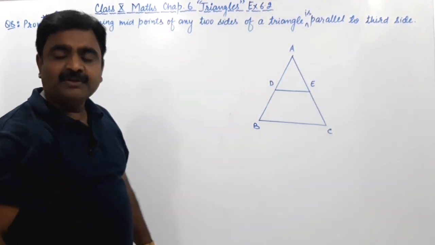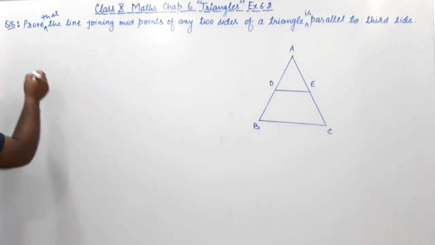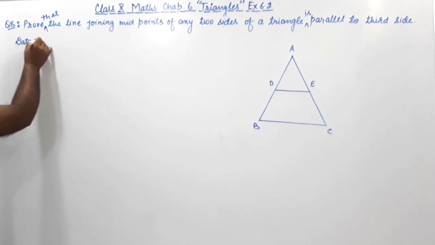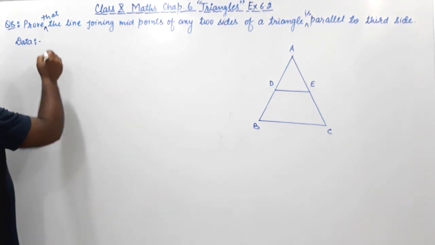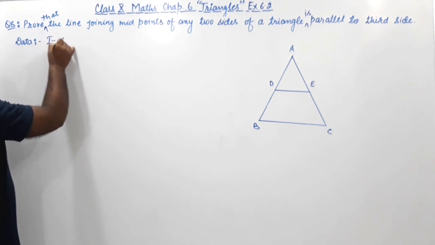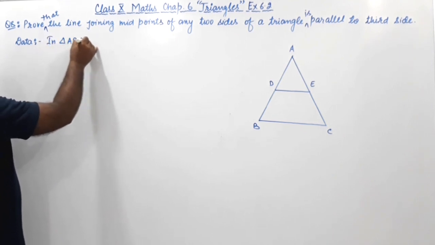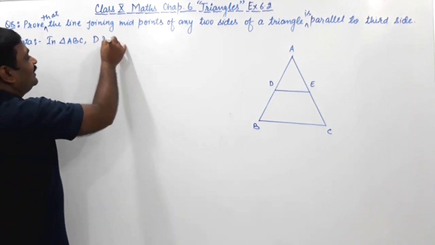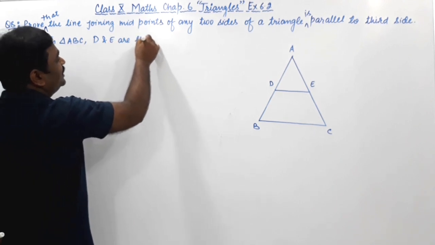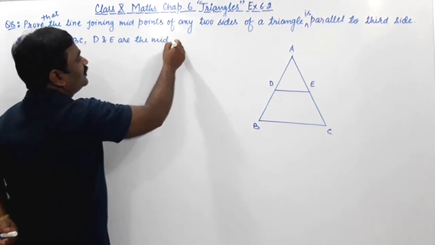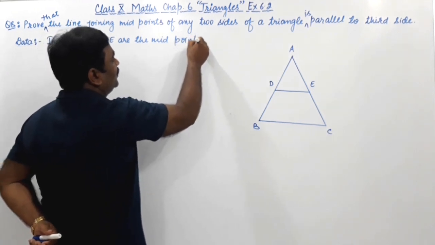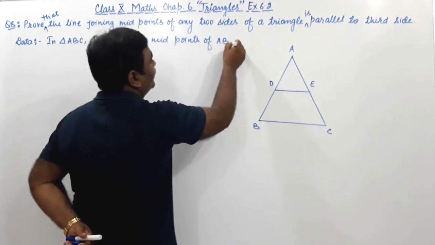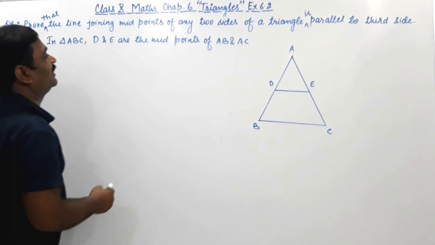Okay, so you just write down the data and what is to be proved in this question. In the data, it is given that in triangle ABC, D and E are the midpoints of AB and AC respectively.